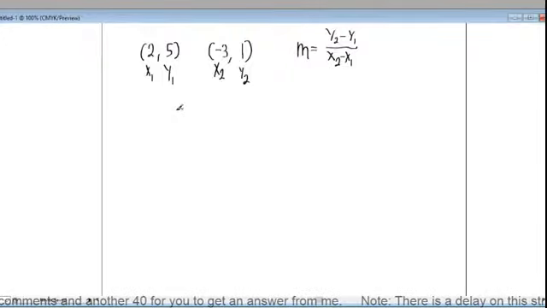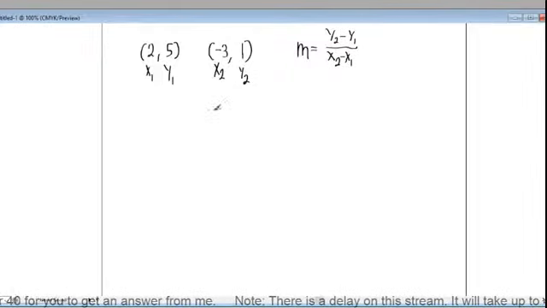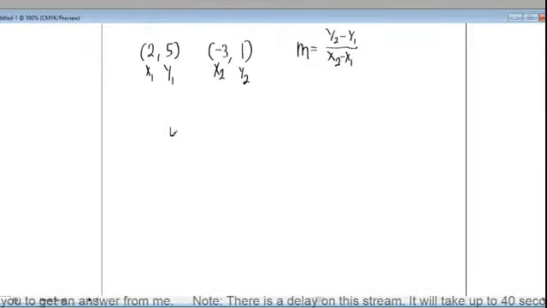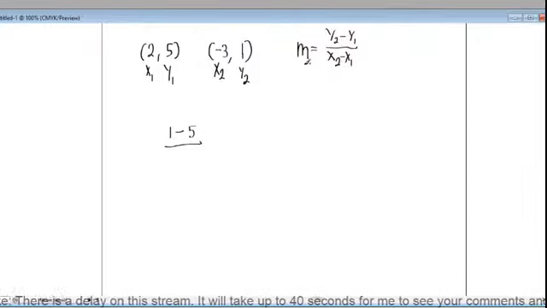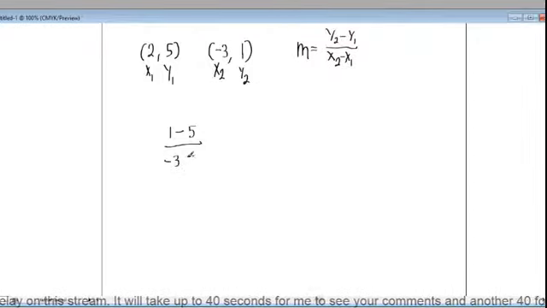So, again, it's y2 minus y1 over x2 minus x1. So y2 is 1 minus our y1, which is 5. And that's over x2, which is -3, minus x1, which is 2.